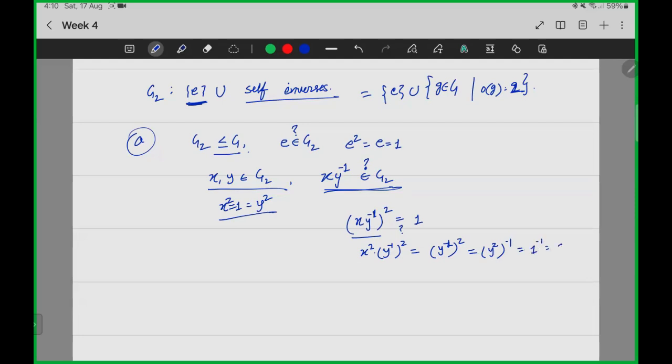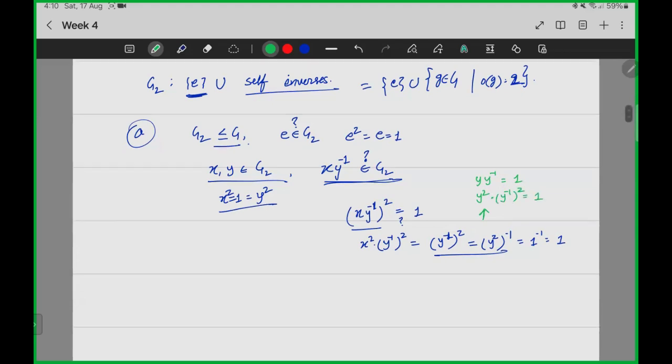The inverse of 1 is 1. I hope you understood this part. I can explain here: when y squared is equal to 1, if you multiply by y inverse squared on both sides, because it is commutative, this can be written as y squared times y inverse squared equal to 1. So y inverse squared is the same as the inverse of y squared. This follows from here.